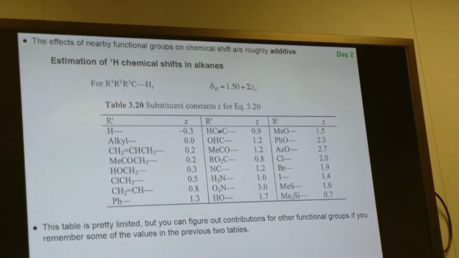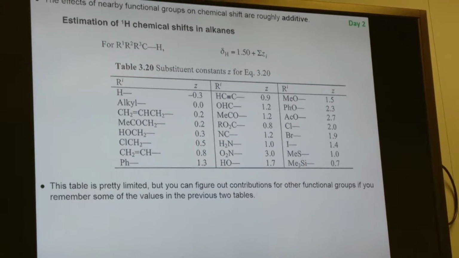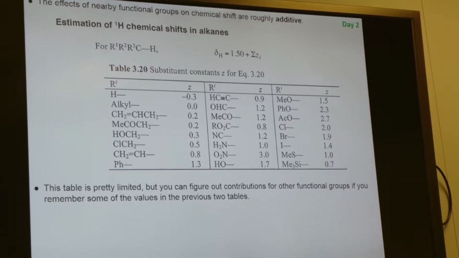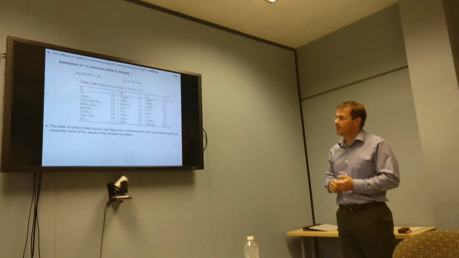I mentioned that chemical shifts are roughly additive, and so if you happen to have this table handy, this is another table that's in your book, table 3.20 in, I think, the most recent version of the text.